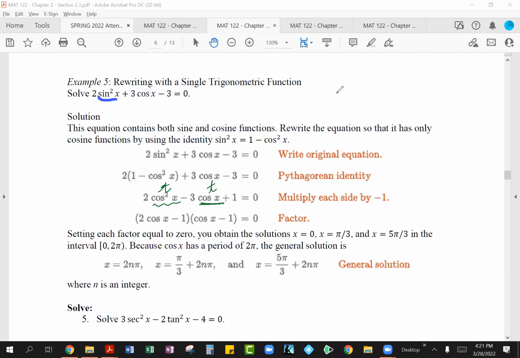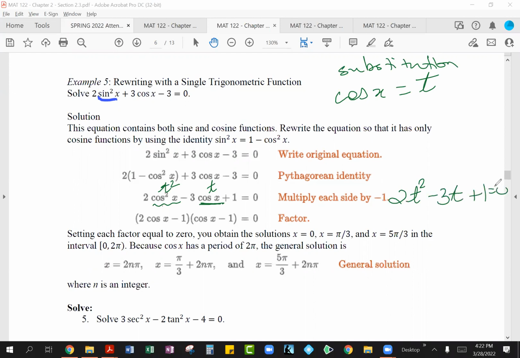So cosine of x, we can say let that equal t, think of this as a substitution. So that means cosine square will become t squared. So you end up getting 2 times t squared minus 3 times t plus 1 equal to 0. And then we can use factoring techniques to help this out.